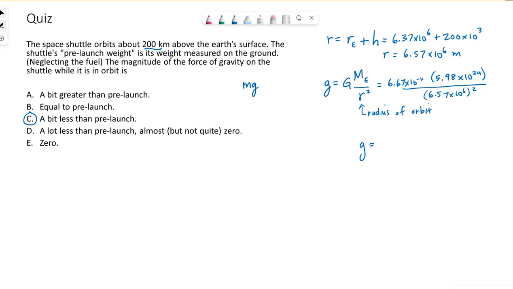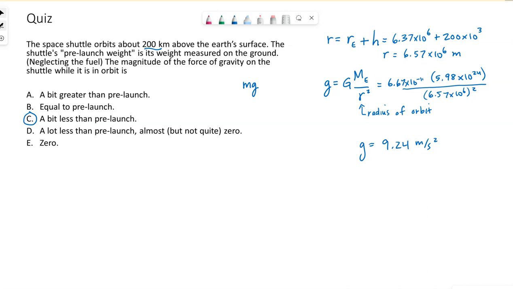So now if I go ahead and plug these values in, I'm getting 9.24 meters per second squared.